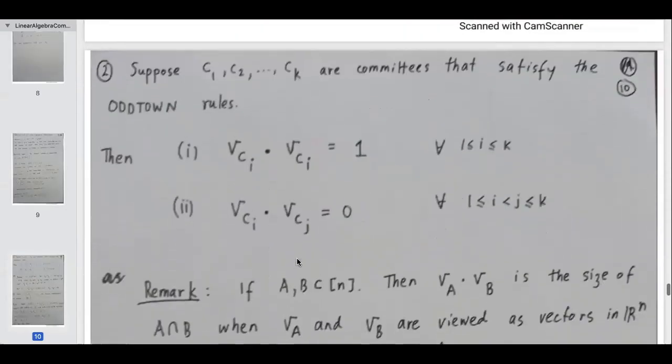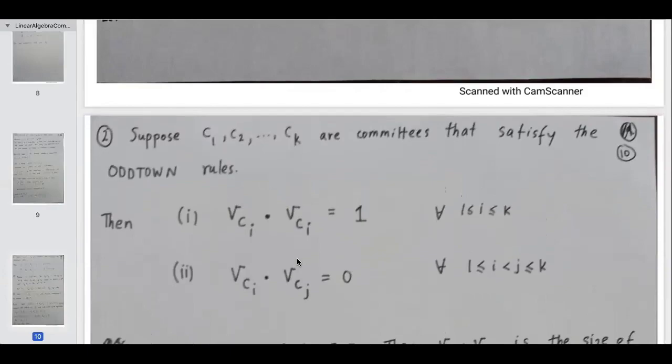Okay, so now step 2. Suppose C1, C2, ..., Ck are committees that satisfy the Odd Town rules, namely that their intersections are of even size and they themselves are of odd size.